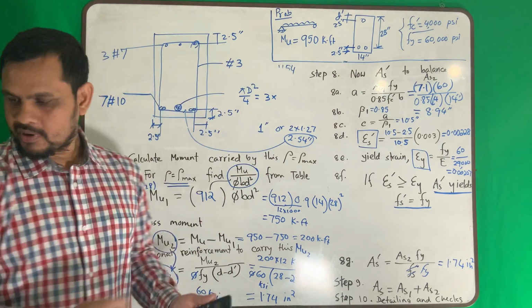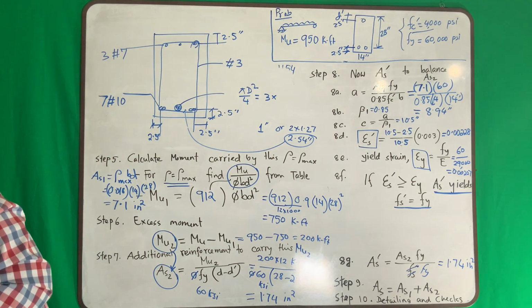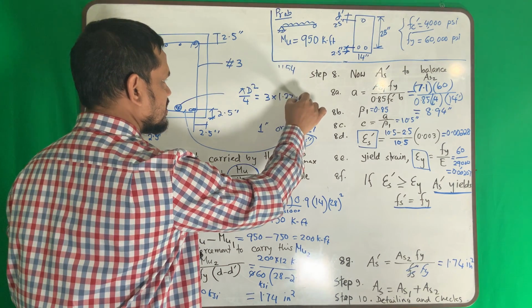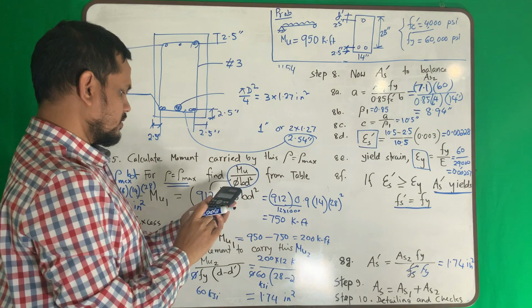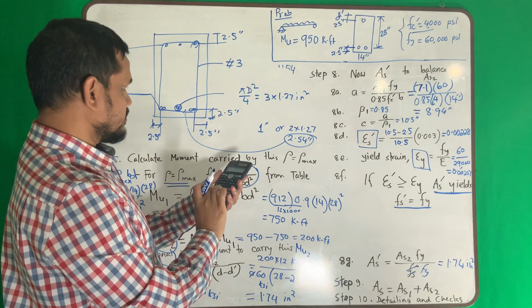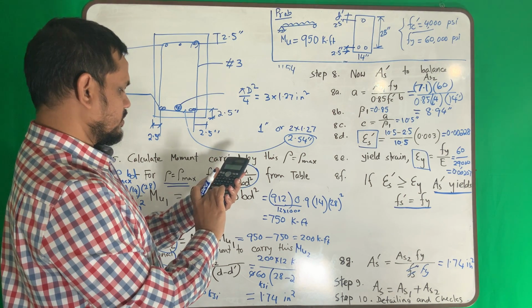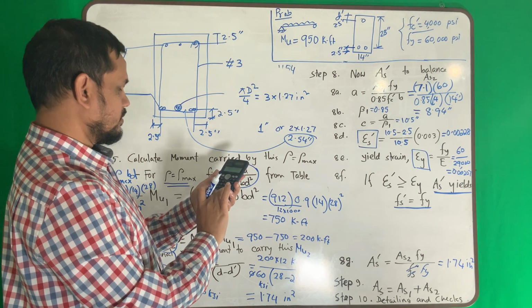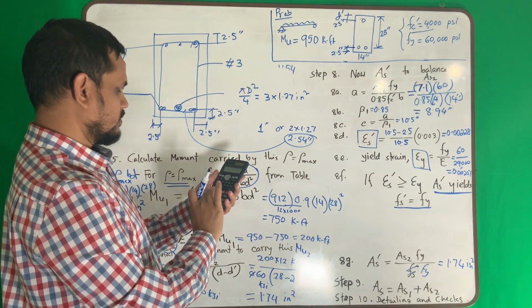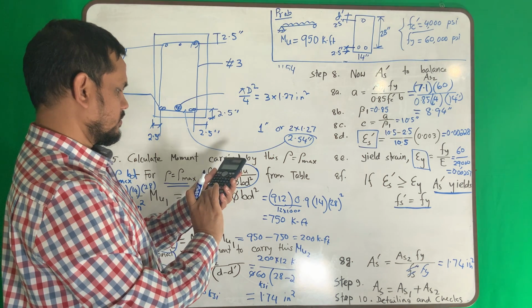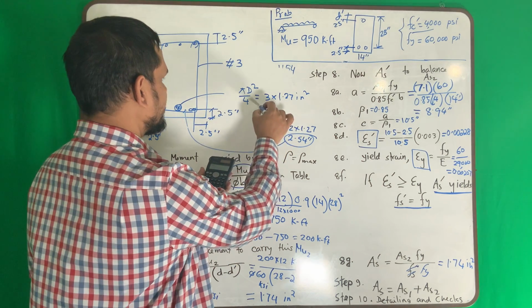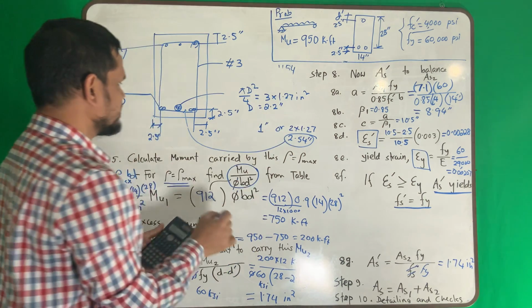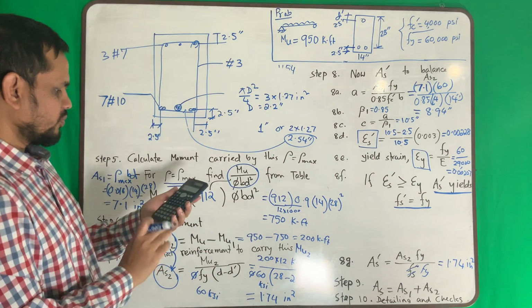What is the area of 3 bar? Area of 3 by 1.27 also, yes. So 3 times 1.27, 2.2 inch. So D is 2.2 inch. So the combined diameter is 2.2 inch.